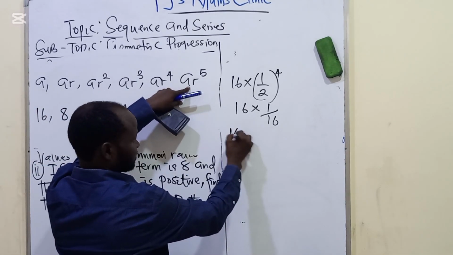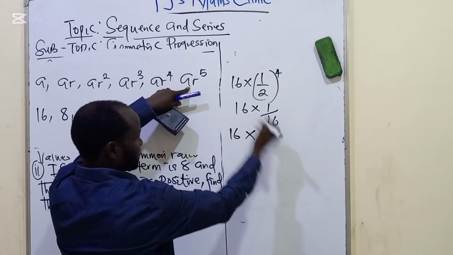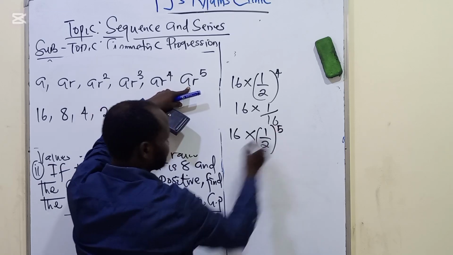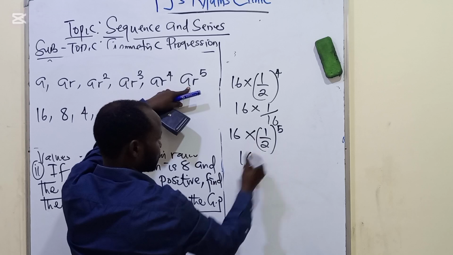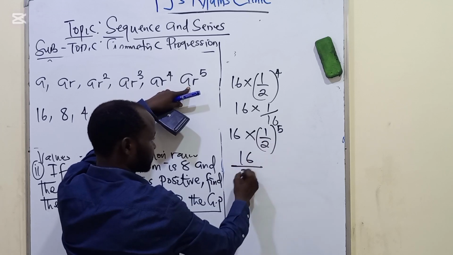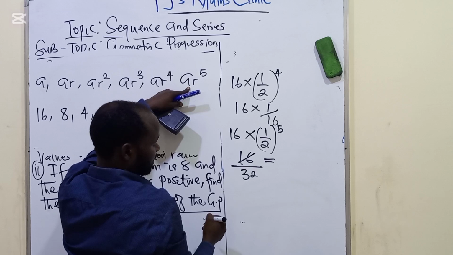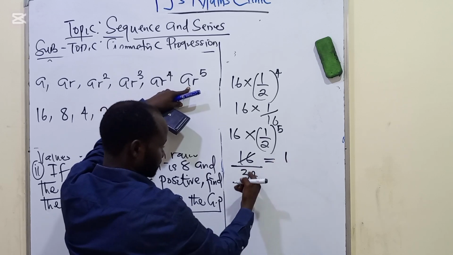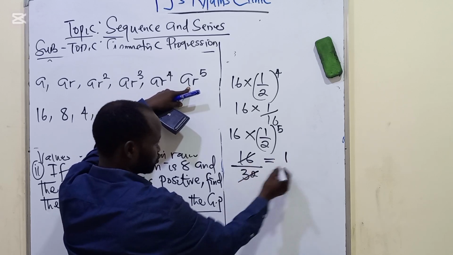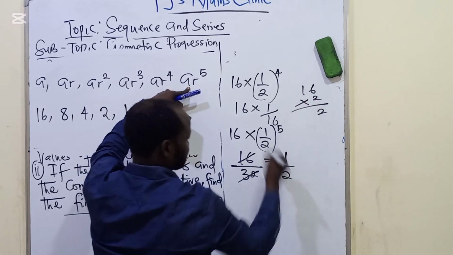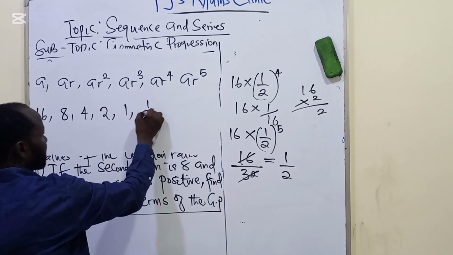Given that A is 16 multiplied by R, which is half, all to the power 5. This will be 16 times 1 divided by 2^5, which is 32. 16 into 32, that's 2. That will be a half.